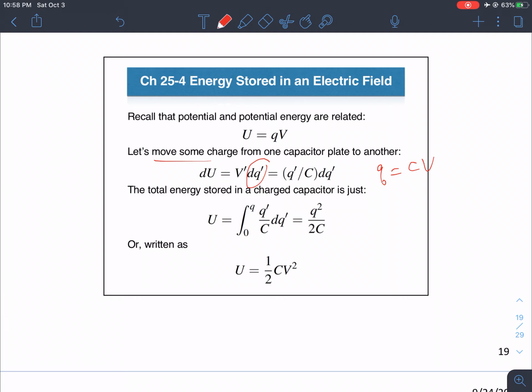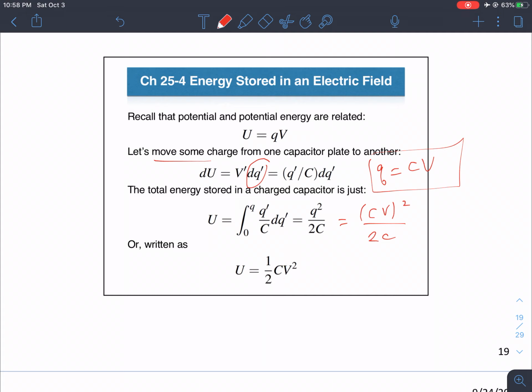It can also be written as 1/2 CV squared, using again the equation Q is equal to CV. If we do that, we have CV squared divided by 2C. One of those C's is going to go away, and you have C left at the top, and V squared, and there's 2 at the bottom, as you can see in this equation.